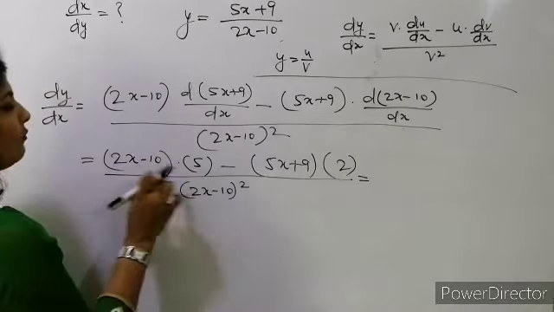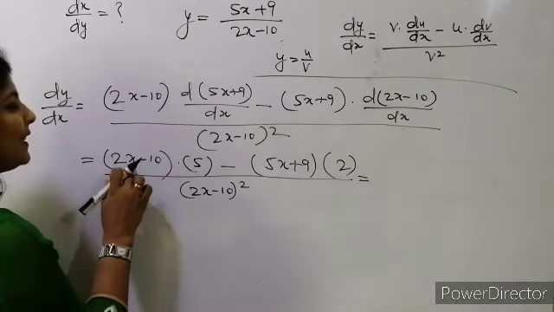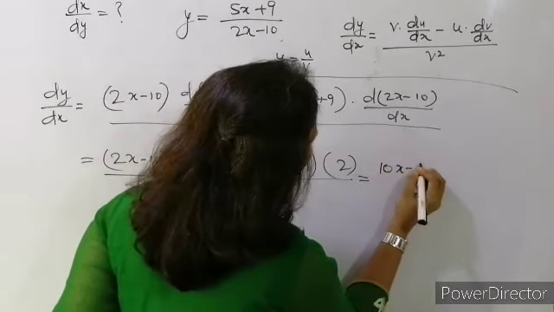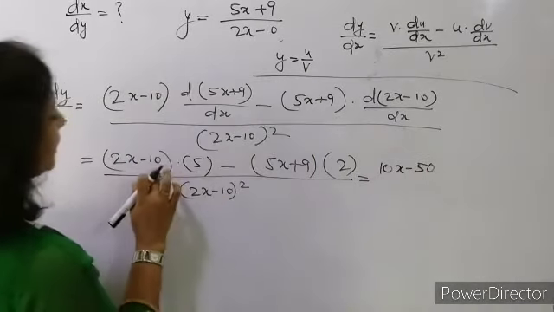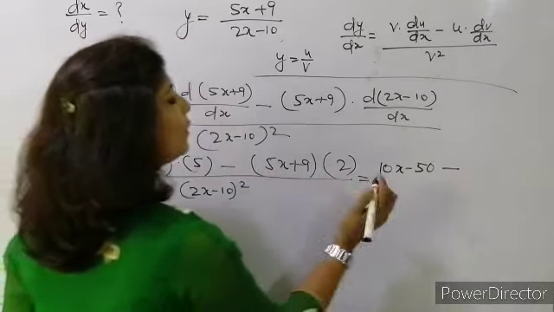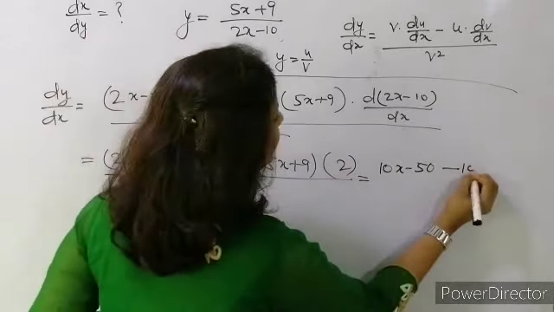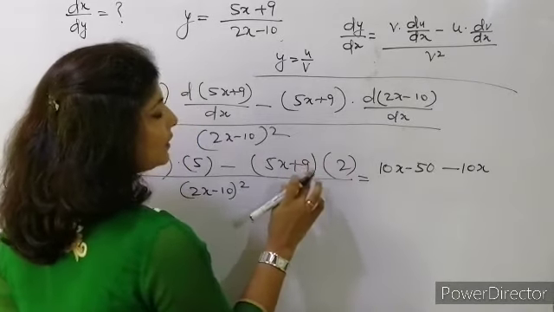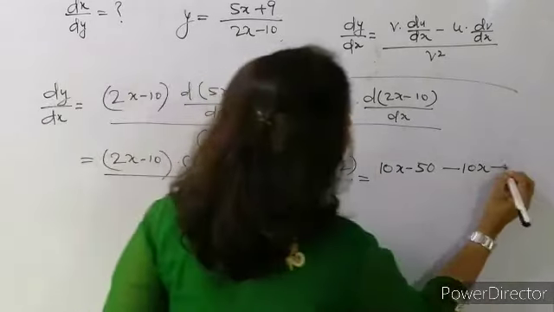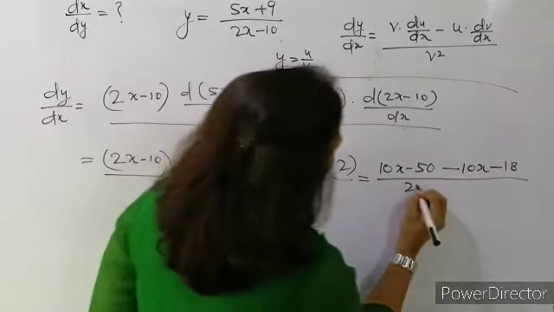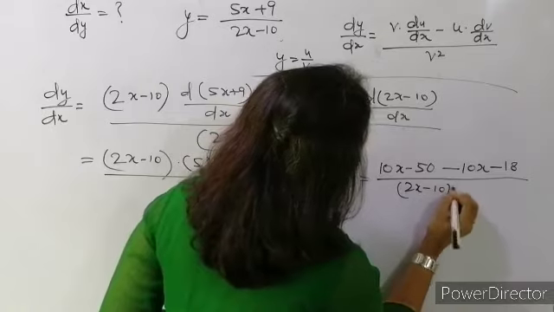Now 5 into 2, 10x, minus 50, 5 into 10. Okay, minus 2 into 5, 10x, and 2 into 9, that will be 18, and here there is a minus, so minus 18 divided by (2x minus 10) whole square.